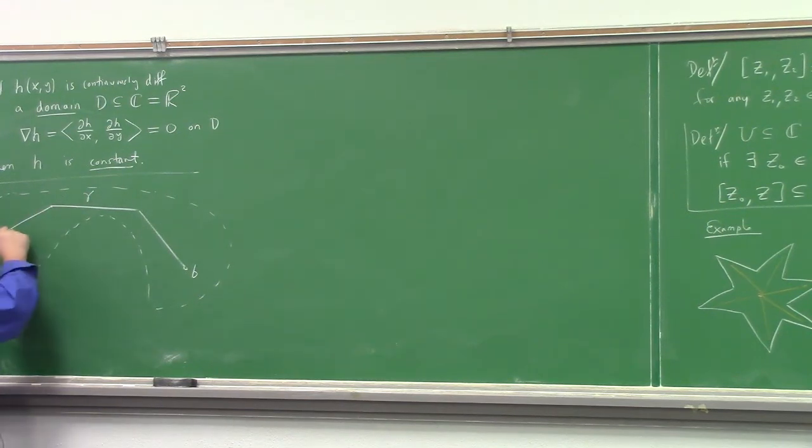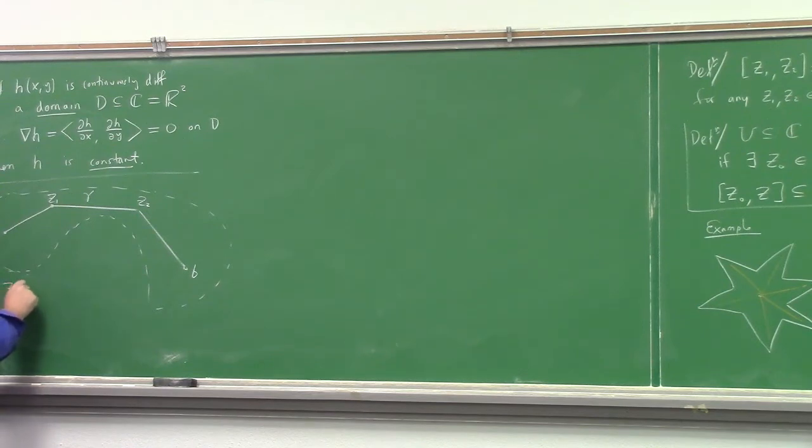In particular, let's focus our attention on one line segment of the path, say from Z1 to Z2. What do we have?